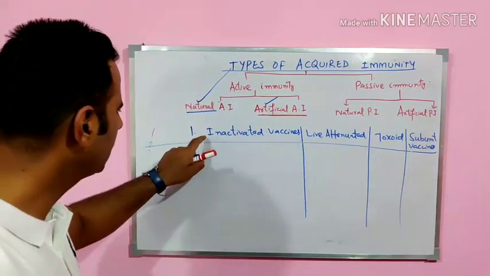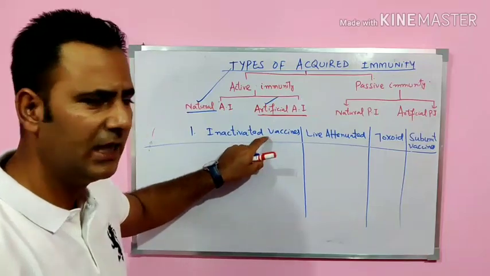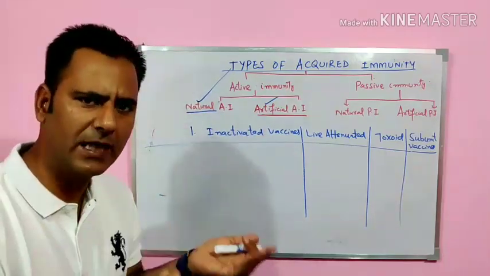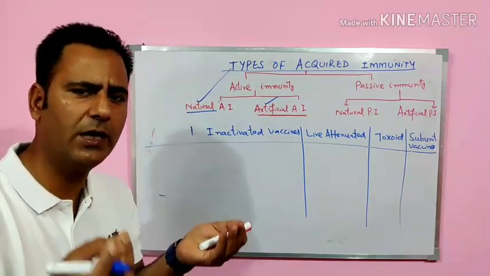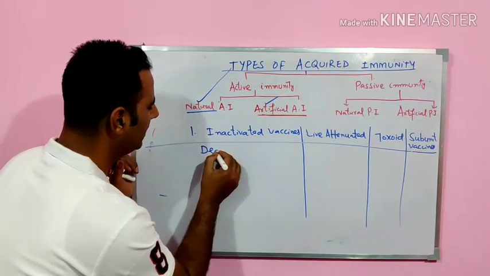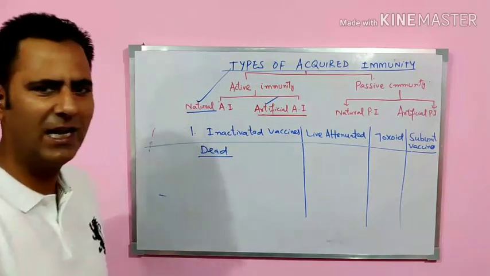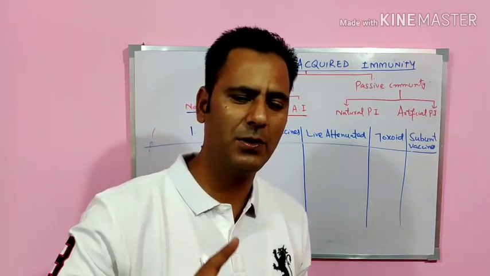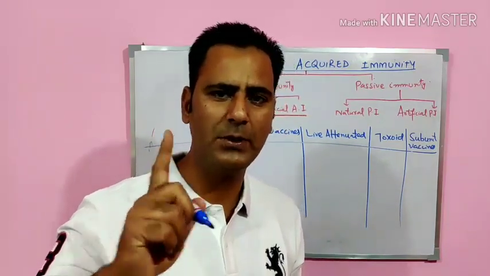When we discuss the inactivated vaccine, in this case we are preparing the vaccine by using the organism which is going to cause disease, but this organism is dead. It may have the property of antigenicity, but should definitely lack the property of pathogenicity.